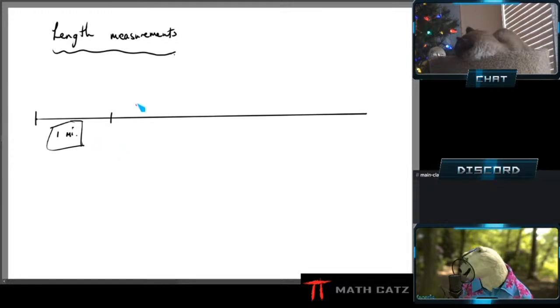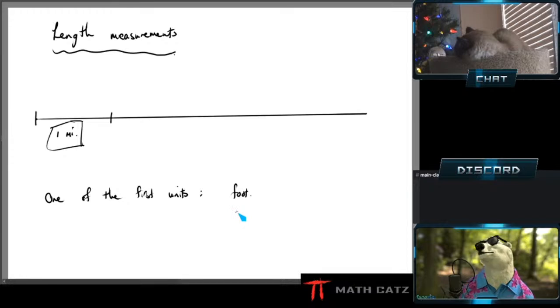Historically speaking, one of the first units was a foot. They measured the king's foot, and that was how they would refer to lengths. It's maybe 5 feet, 5 times as long as the king's foot.